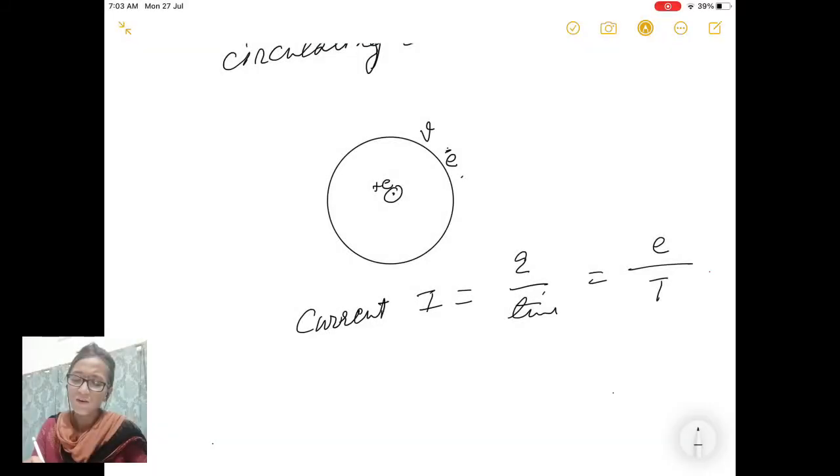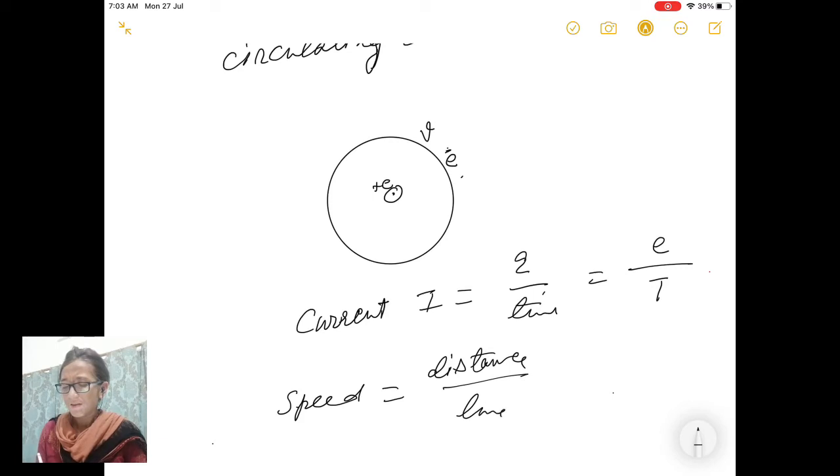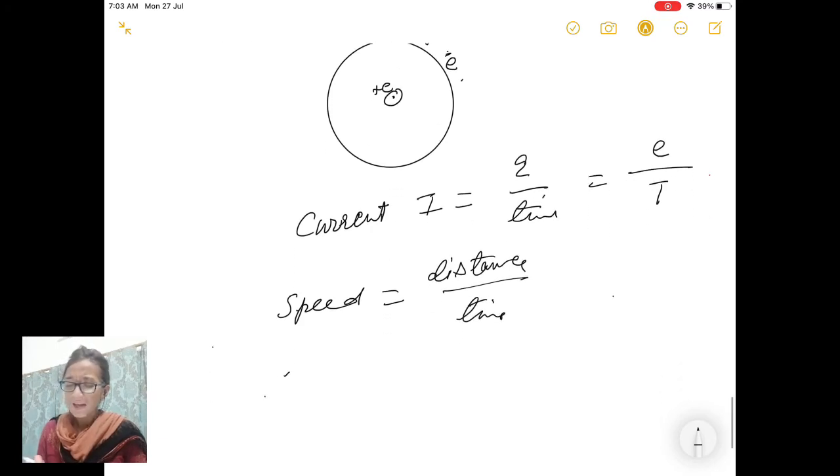The speed of the electron is v. Then we know that speed is equal to distance traveled per unit time, and therefore v is equal to 2 pi R, the circumference, divided by the time period T, if the radius of this circular path is R and it executes one circumference.